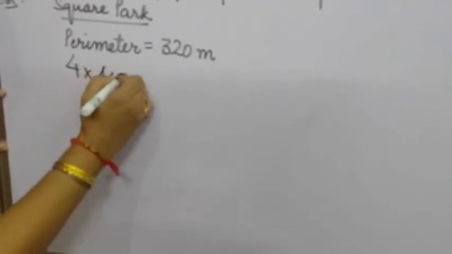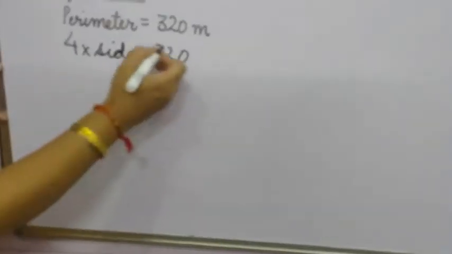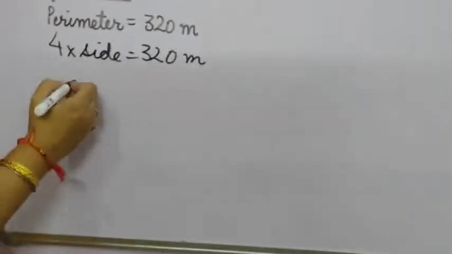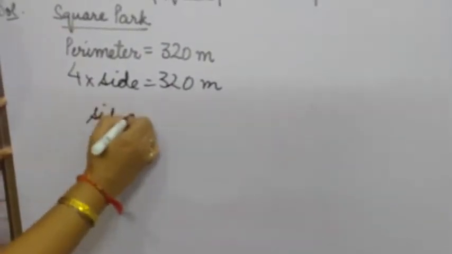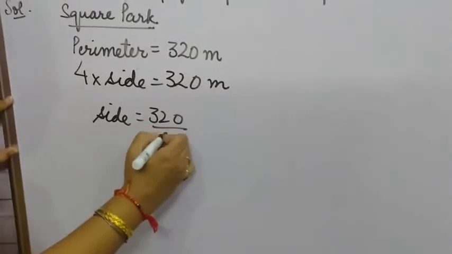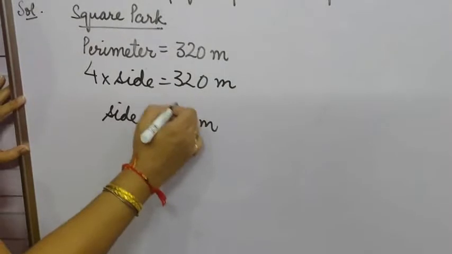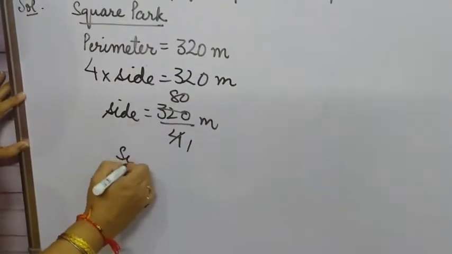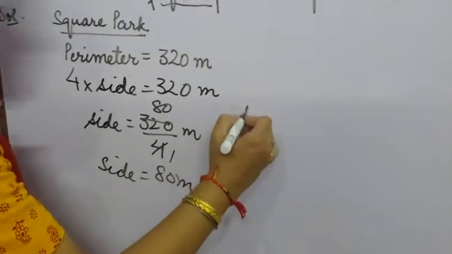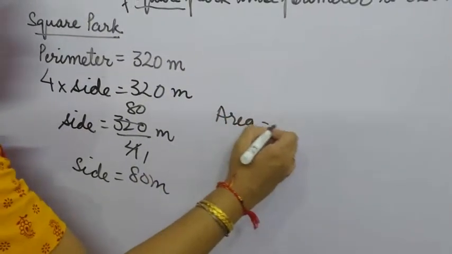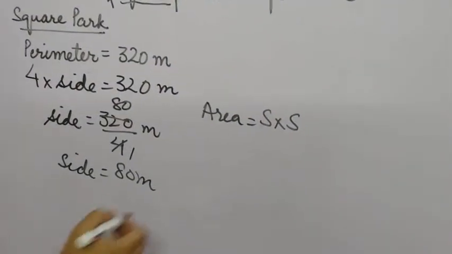And how we will do it? What is the formula for perimeter? Perimeter is 4 into side. That should be equal to 320 meters. Now 4, when it goes to the other side, it will go in division. So side will be 320 divided by 4. So our side comes out to be 80 meters, and now it is very easy for us to calculate the area of square using the formula side into side.